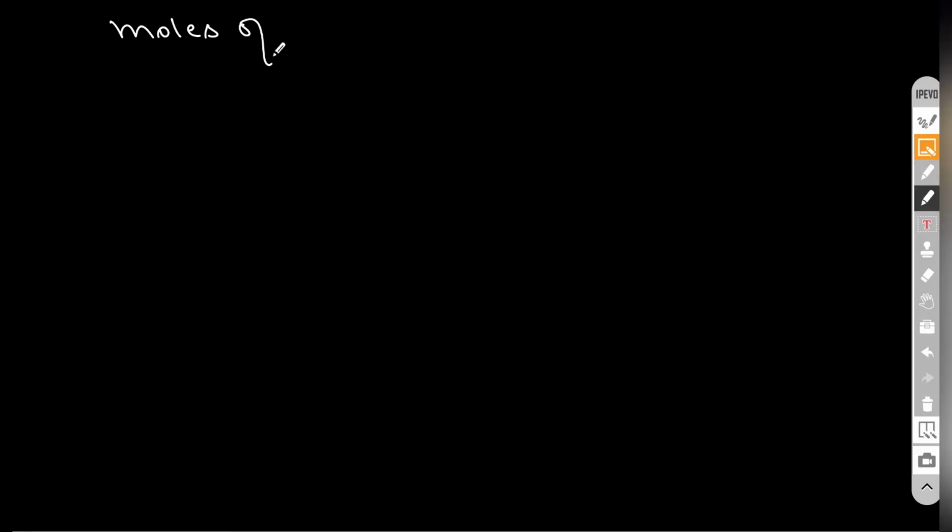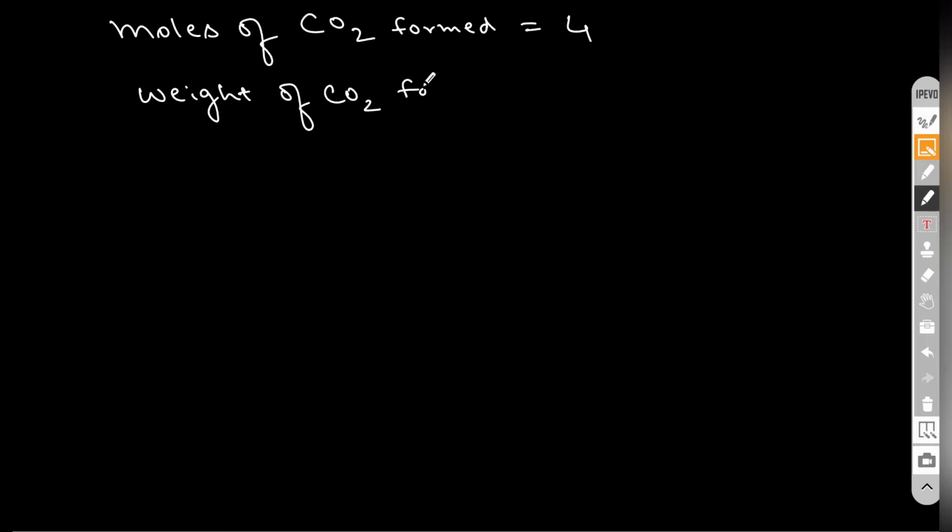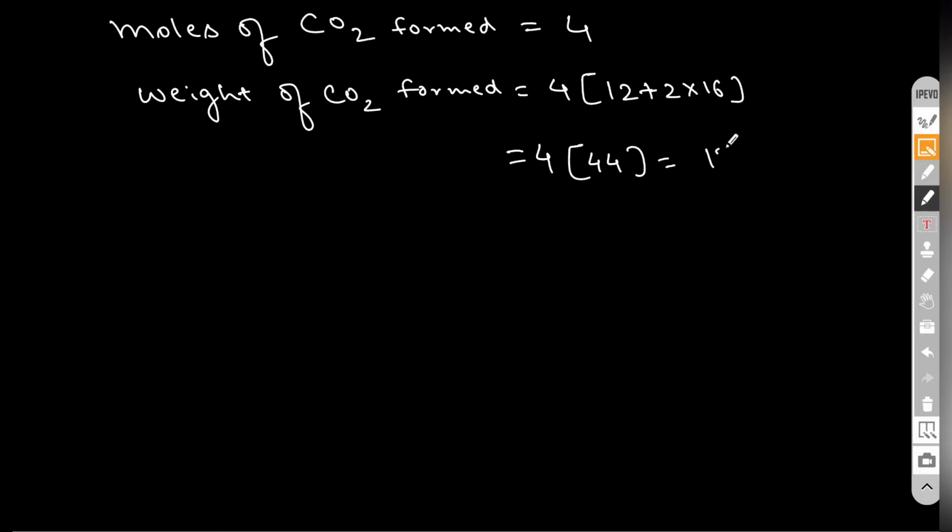So moles of CO2 formed is 4. Hence weight of CO2 formed will be equal to 4 times 12 plus 16 times 2. So it will come out to be 4 times 44, which is 176 grams.